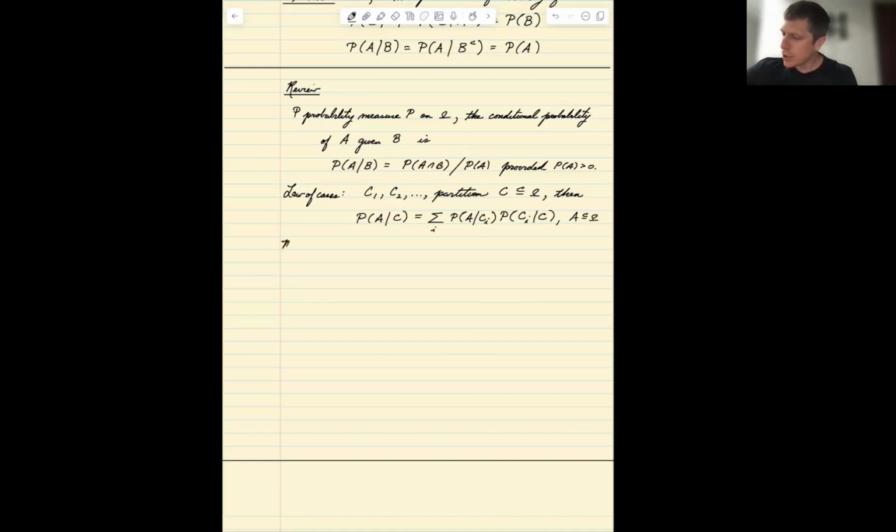We have the multiplication rule. Well, let me first give the law of total probability, which is a special case of the law of cases.